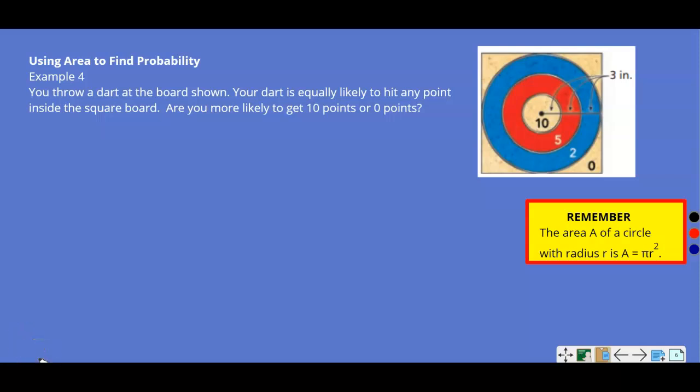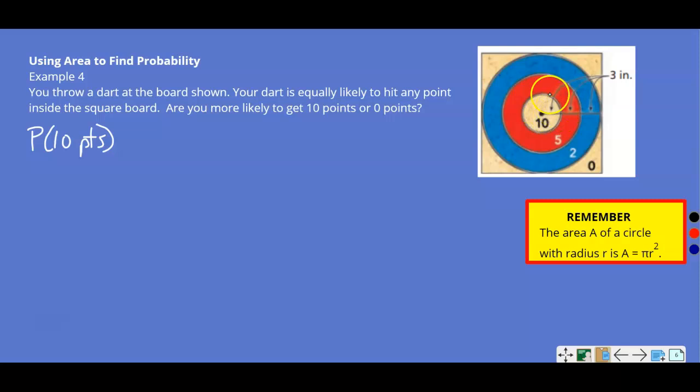All right, so the first thing we're going to do is look at the probability of getting 10 points. To get the probability of 10 points, we first need to find the area of the smallest circle, because you can see that 10 falls inside this smallest circle, and it has a radius of 3 inches.